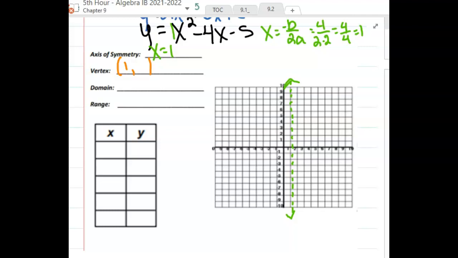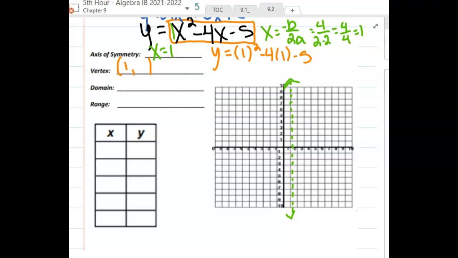To get my y, we're going to do just that. We're going to drop 1 into that function rule right there. So we're going to do y equals, and we're going to plug 1 into that function rule: 1 squared minus 4 times 1 minus 5.